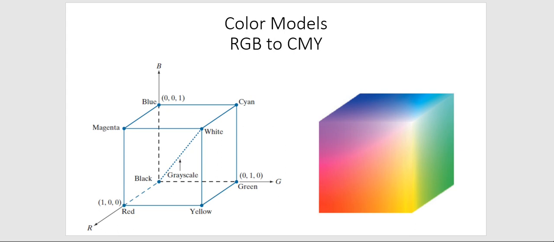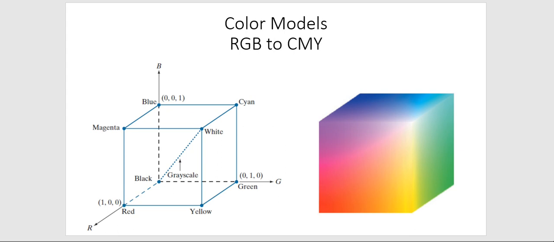On the vertical axis, we have blue, and on the depth axis, we have R. If you look at the origin, it gives you the color black, and at the extreme, where blue takes a value 1, green takes a value 1, and red takes a value 1, an equal composition of these three colors will give you the color white. Any shade in between black and white is going to be a shade of gray, which we call a grayscale image.